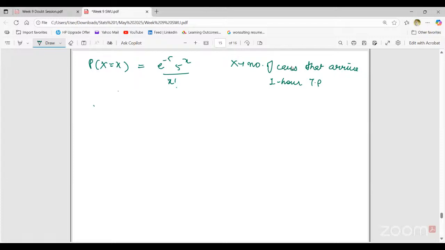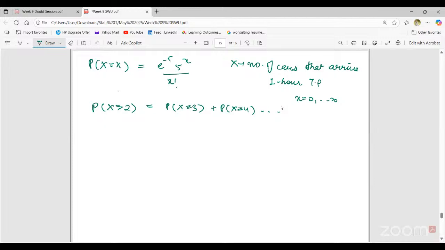More than 2 means I need to find the probability that X is greater than 2, right? Now X greater than 2 means I will be adding all the probabilities: probability of X equals 3, plus probability of X equals 4, and so on, because my value of X goes from 0 to infinity, correct? These are the probabilities that I have to calculate.